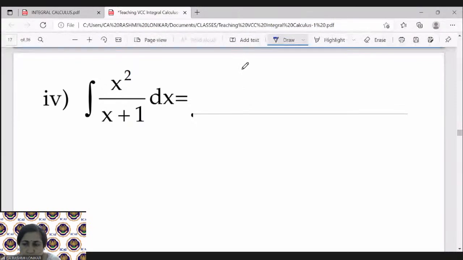If you remember how we used to do division in school, so if I want to divide x square by x plus 1, x will go x times. x into x will give me x square, and x into plus 1 will give me plus x.